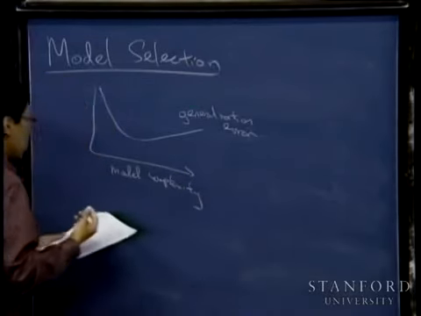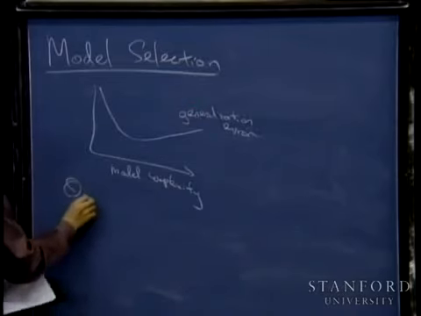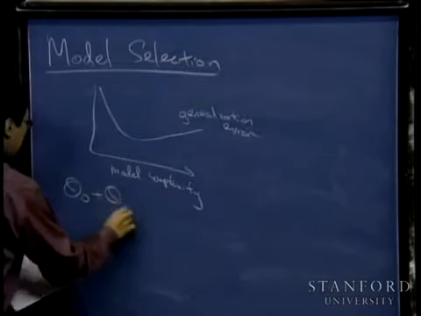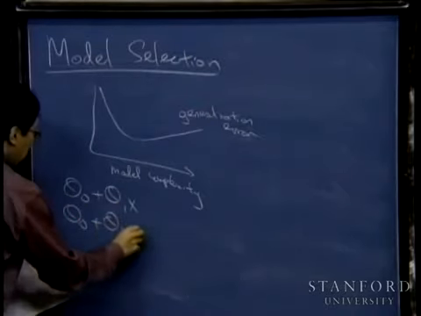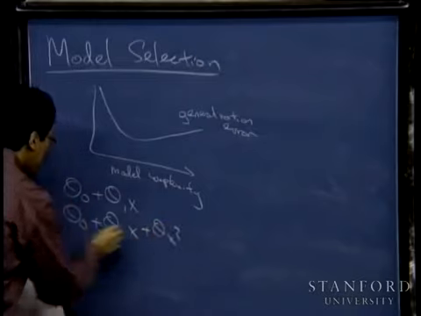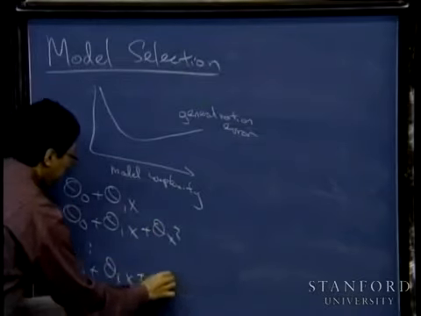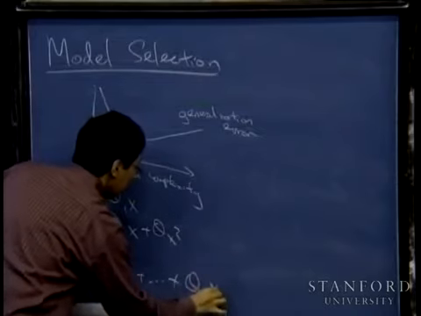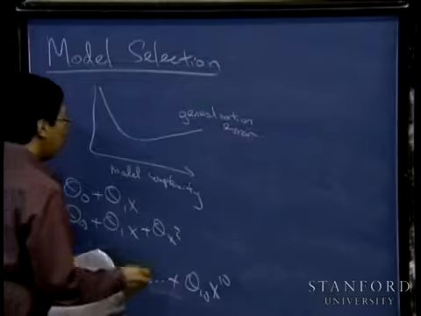So what I want to do now is talk about model selection in the abstract. Some examples of model selection problems include, as a running example, trying to choose the degree of a polynomial. What degree polynomial do you want to choose?